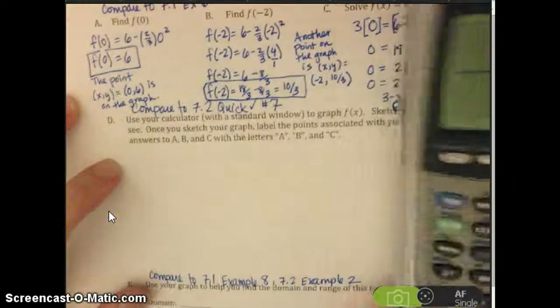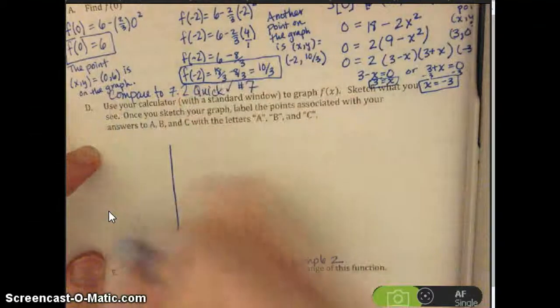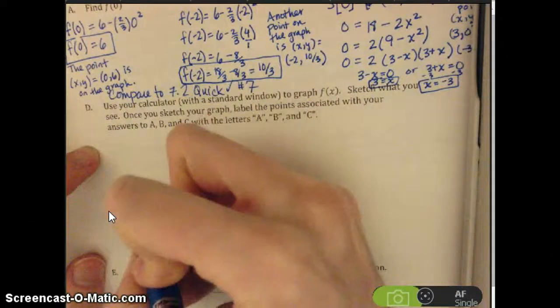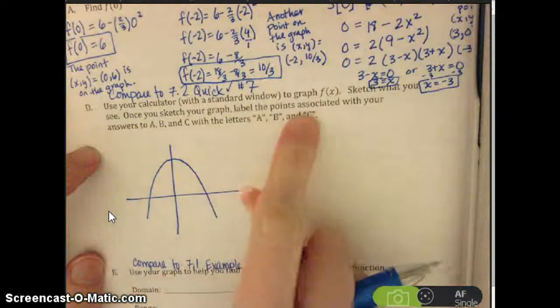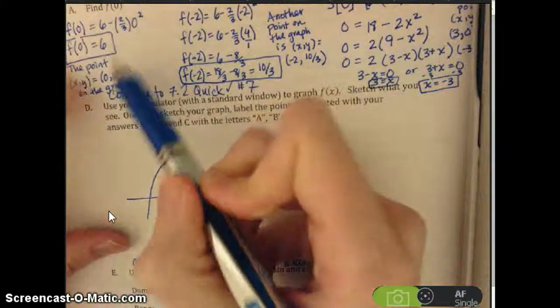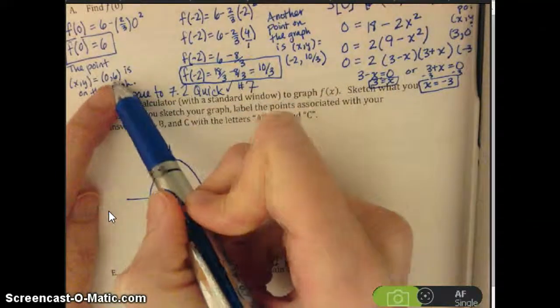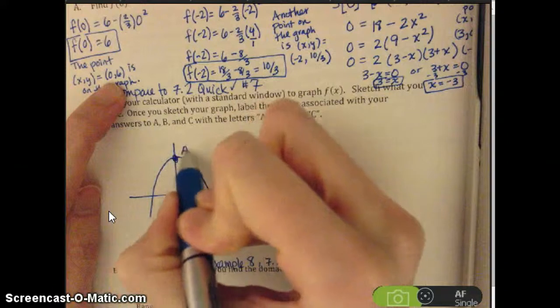Okay, so I've got that upside down U shape. Label the points associated with my answers to A, B, and C. So f of 0 equals 6, and then I wrote myself a note about that point 0, 6, over 0, up 6. So that's A.